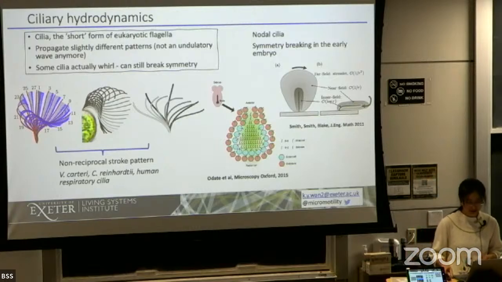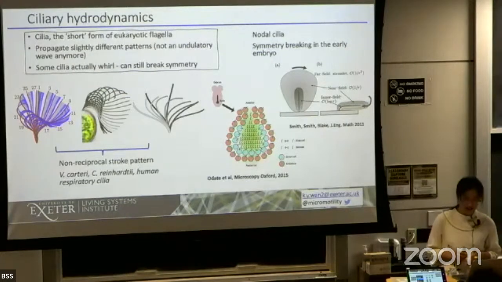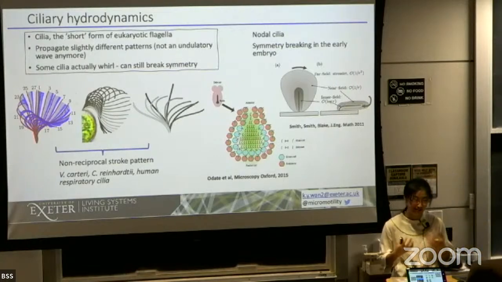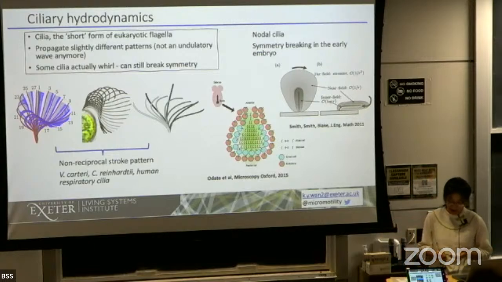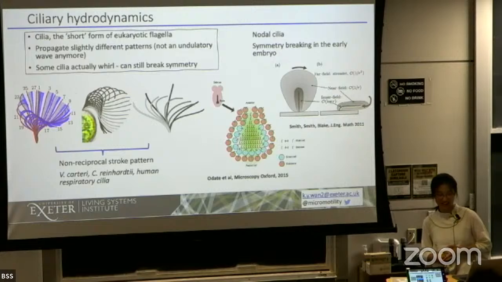But in the case of this, the vertebrate node, this is a really fascinating situation where these appendages play a really critical role, again, not so much for swimming, but it's a very different function. So it's known that in many species of vertebrates, symmetry breaking occurs in specific sequences.